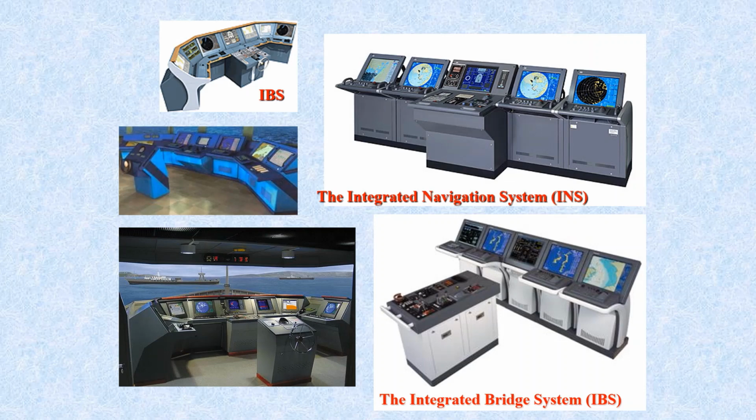Different classification societies have their own requirements and approve the systems based on those requirements. So you will have to study the requirements of the flag state under which your ship is sailing to understand what is considered to be an approved integrated management system.